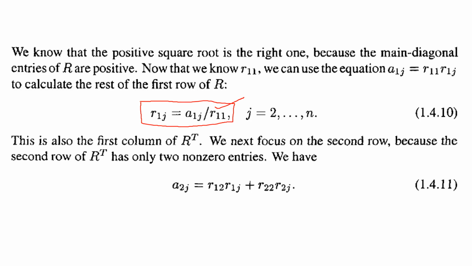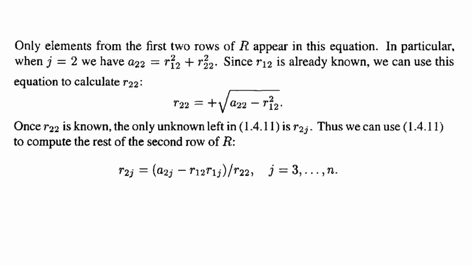We next focus on the second row, because the second row of R transpose has only two non-zero entries. If we compare the entries and make a relation between the entries of the second row, we obtain this relation, where j will vary.